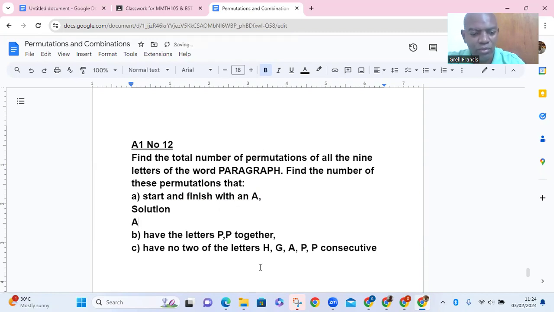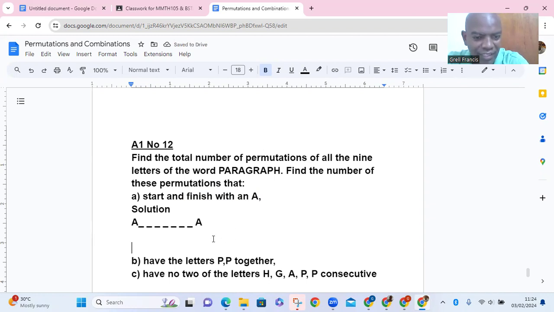So start and finish with an A. Basically what we have remaining are 7 letters, which are actually P, E, R, R, a G, and an H, and another P. So these are the set of 7 letters that have remained.